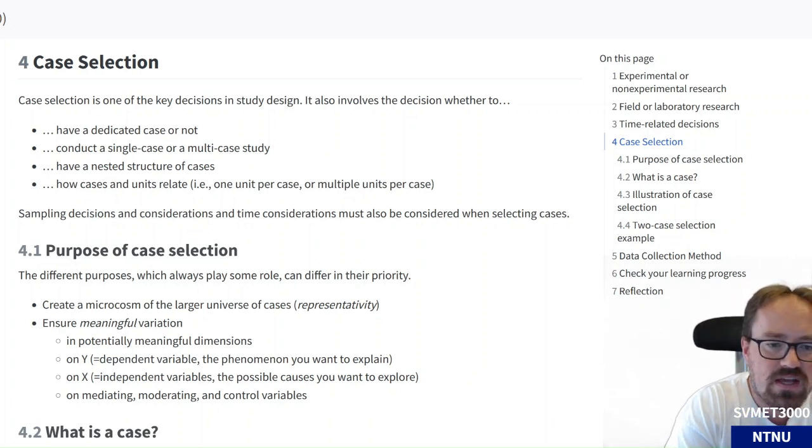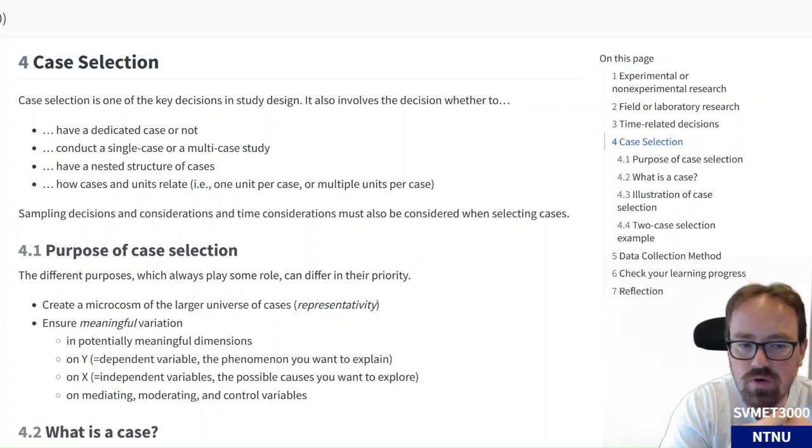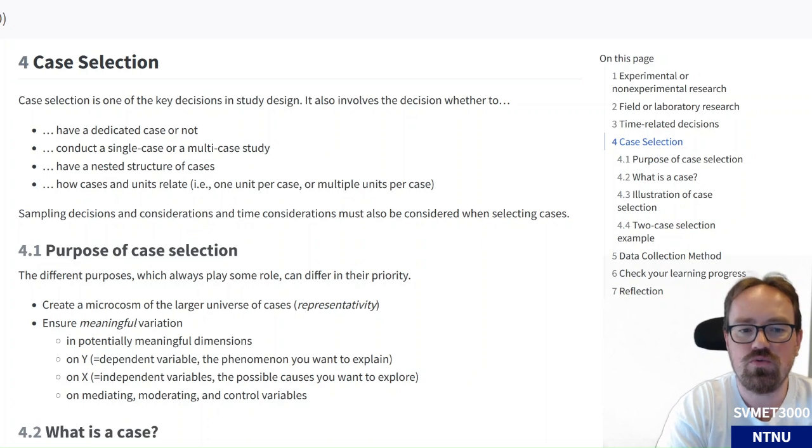And you have to decide how cases on the one hand and units on the other hand relate. To make that clear, a case is an analytical structure, something you want to see as a comprehensive analytical whole you can make statements about. Whereas units more specifically relate to things your measurements are assigned to.